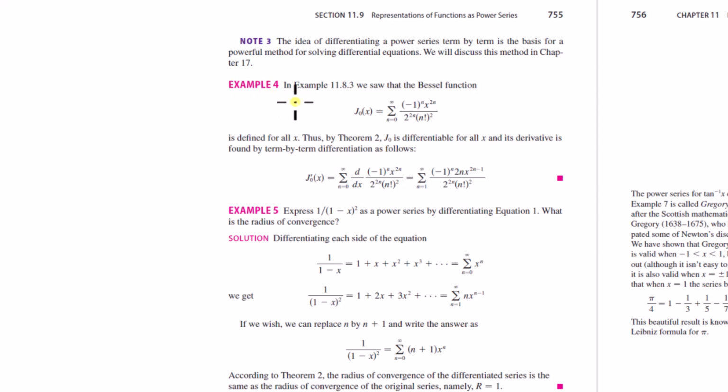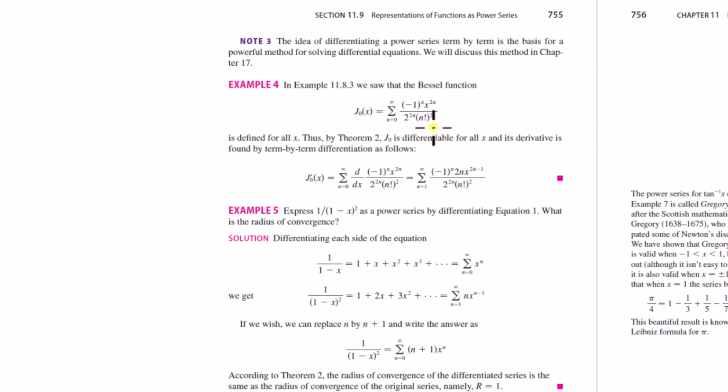Okay, so in the previous section, we looked at the Bessel function. This was a power series with a complicated looking c sub n, but it's a power series, right? Just a common ratio to the 2n power in this case, and a corresponding c sub n.